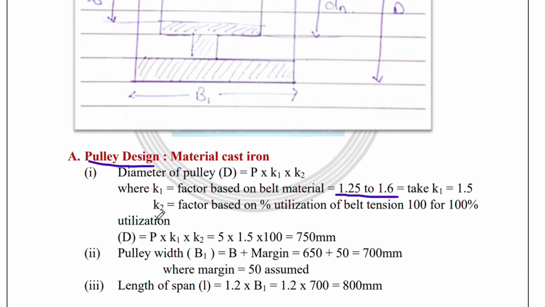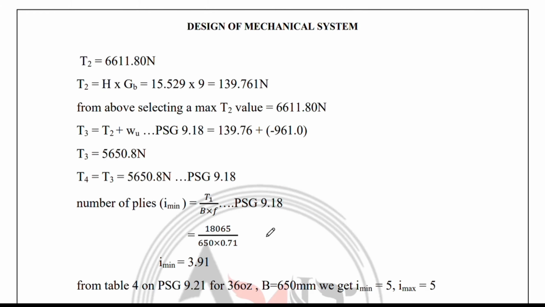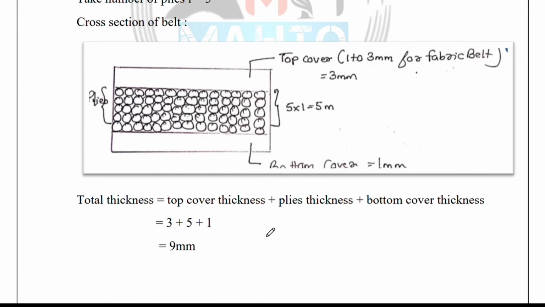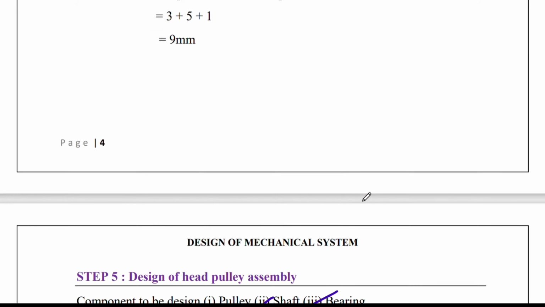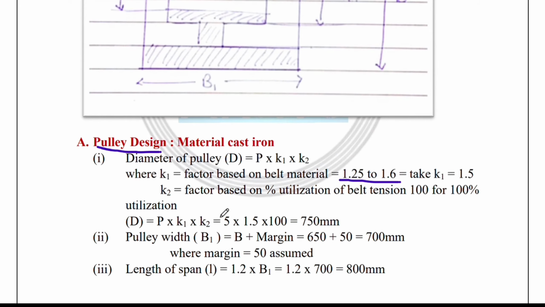K2 is the factor based on percentage utilization of the belt, which is 100% utilization, so we take K2 as 100. P is the number of plies, so number of ply is 5, so we take P equal to 5.